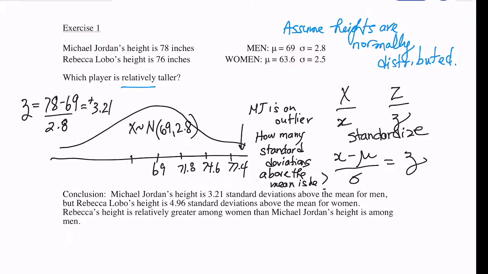So what you've done is you've gone from the distribution that's normal to the standard normal distribution, and now your units are in terms of standard deviations from the mean.